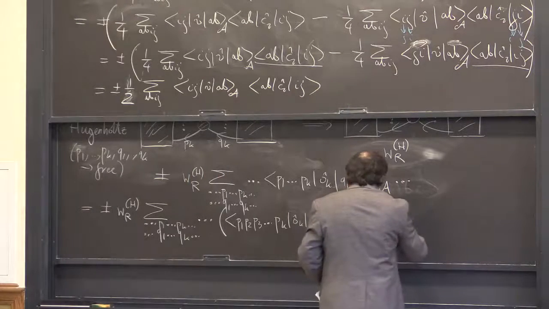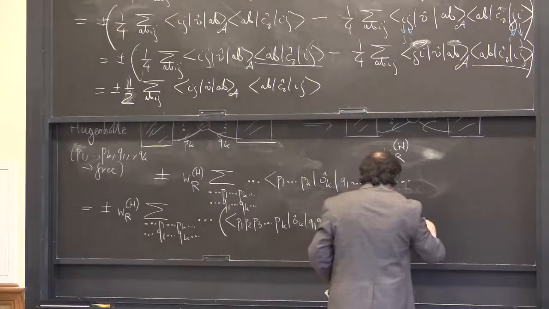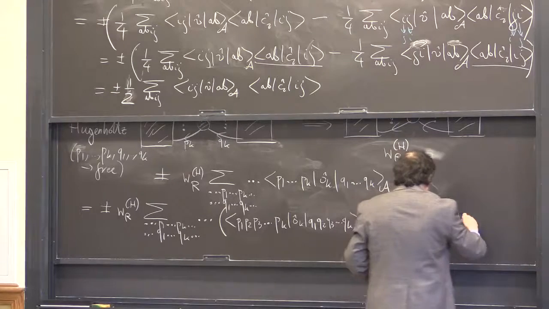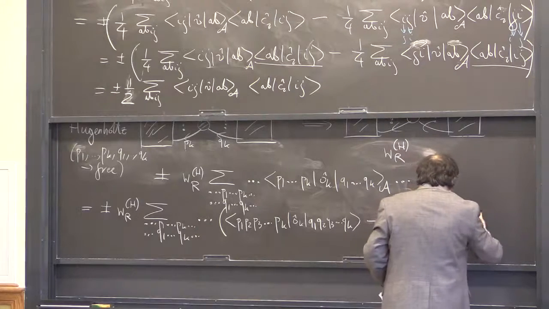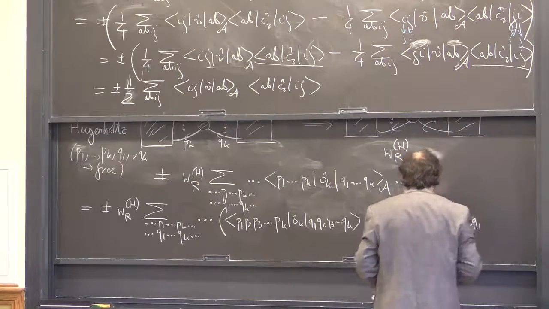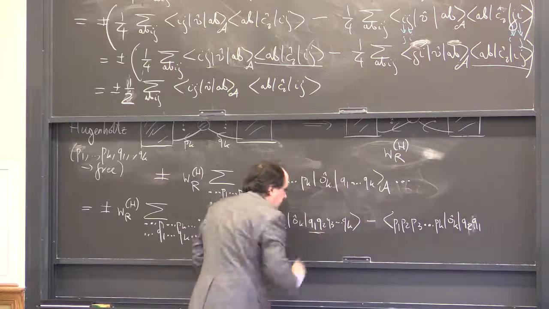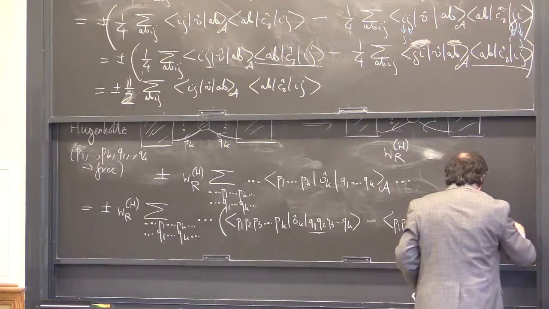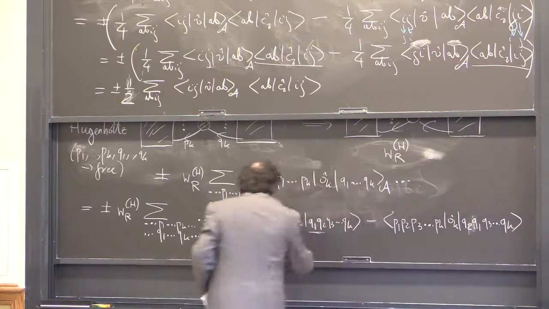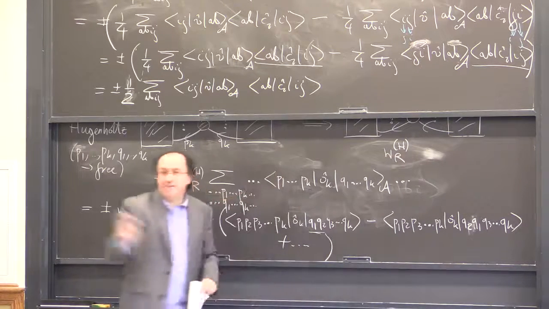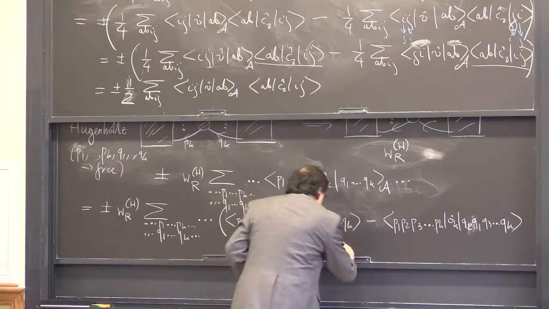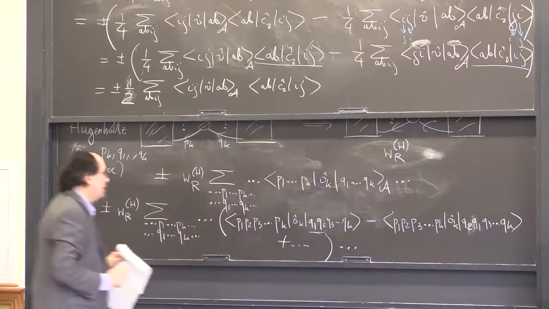So you will have P1, P2, P3, dots, PK, and then Q2, Q1, I'm permuting Q1, Q2, and then Q3 through QK. And then, of course, there will be more terms, K factorial terms, to be specific, corresponding to this anti-symmetrized matrix element, and then some dots afterwards.